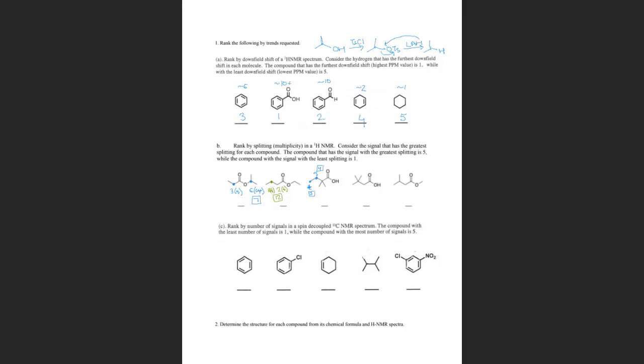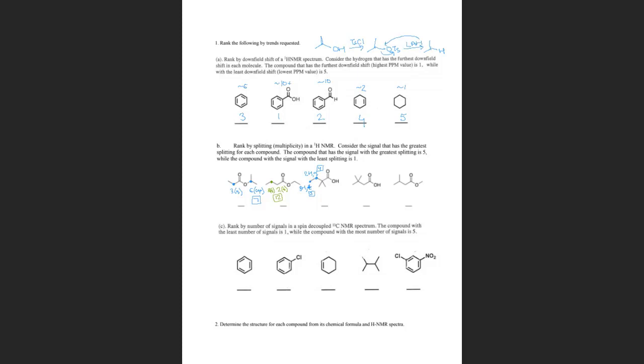Yes, that is a CH3, but we're counting the neighboring hydrogens. So for that CH3, it would be 3 hydrogens triplet. And that triplet would give us 3 peaks. That triplet comes from that CH2. And then for the CH2, that's a 2 hydrogen quartet.